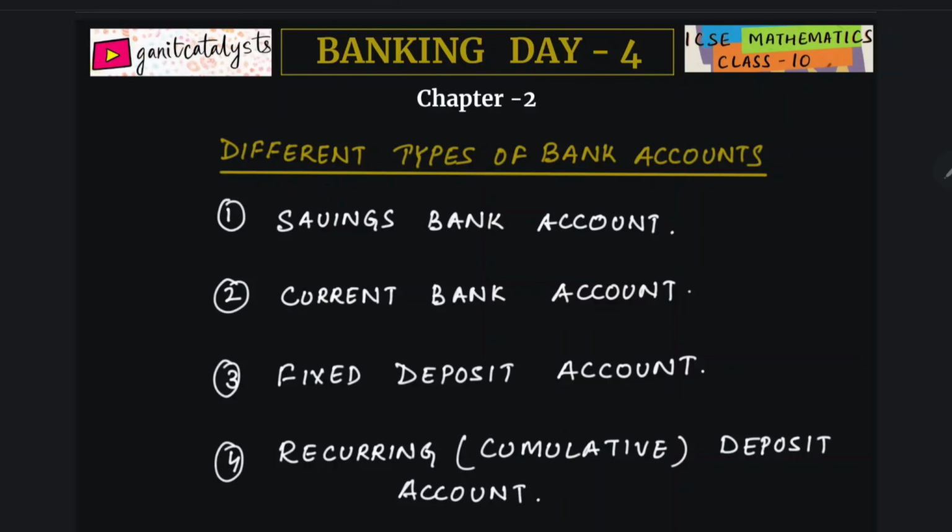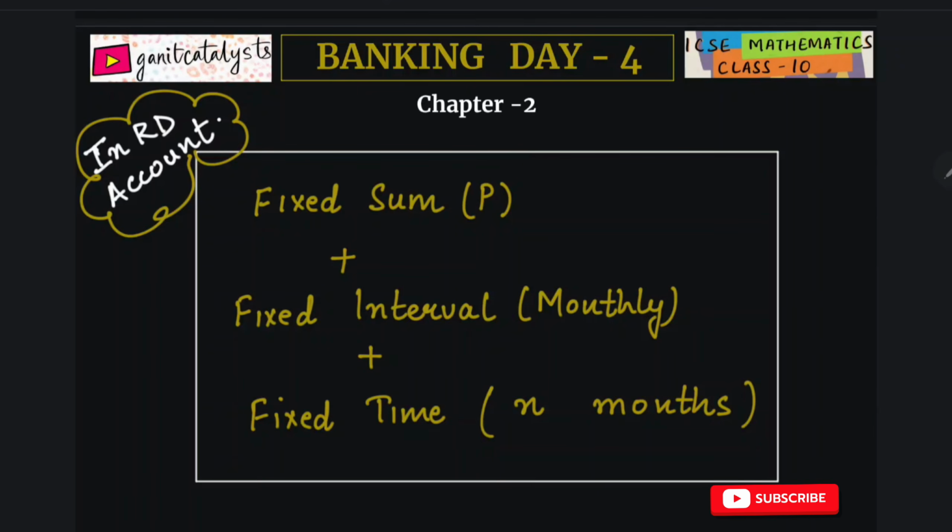But the ICSE board exam focuses entirely on one specific type, that is the recurring deposit account or RD account. In an RD account, you deposit a fixed sum of money every month for a fixed number of months. At the end of the term, the bank gives you back the entire deposit plus interest.